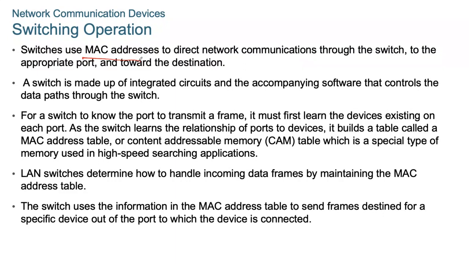So it is very clear that the MAC address which is assigned to any device is used by the switches to direct the network communication through the switch. Based on the MAC address which is available at your switch, it will have the address resolution protocol also.